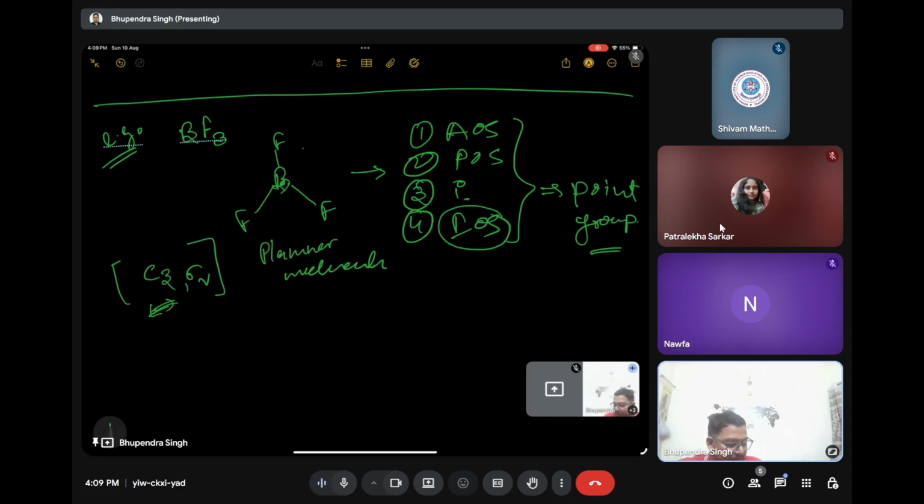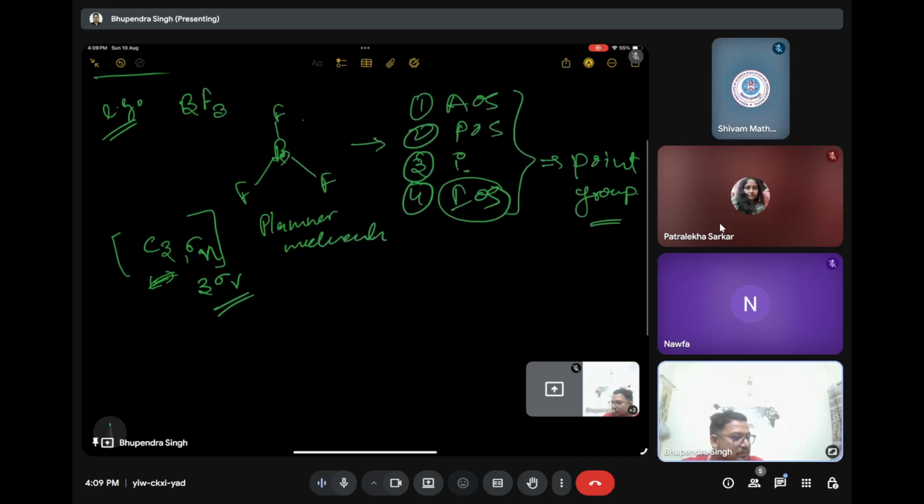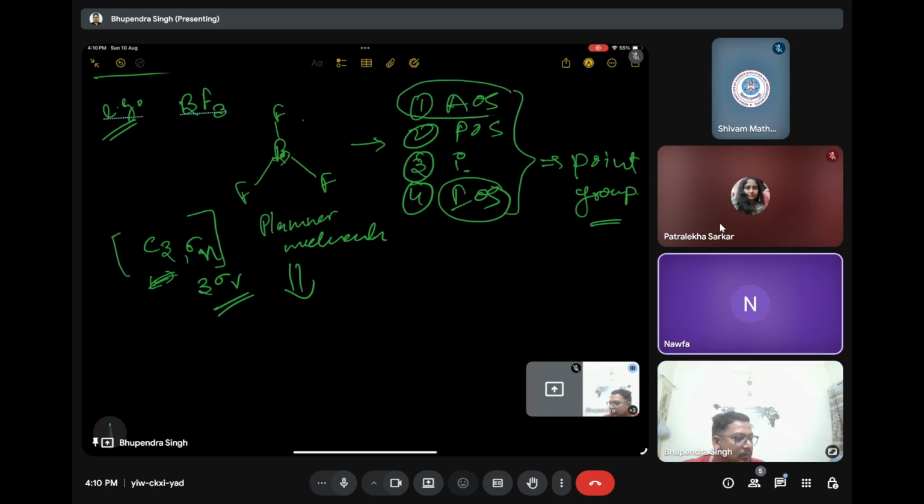Obviously sigma h is also there, and 3 sigma v is also there. So what is the point group of this molecule now? Actually, I told you to find out, sorry, D3h.